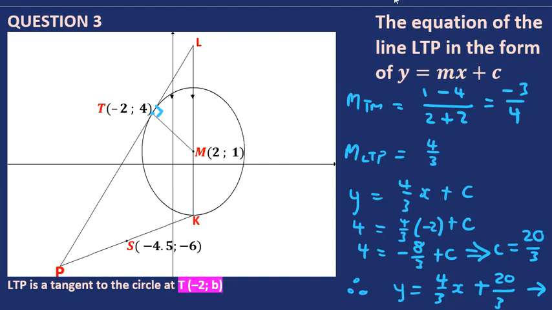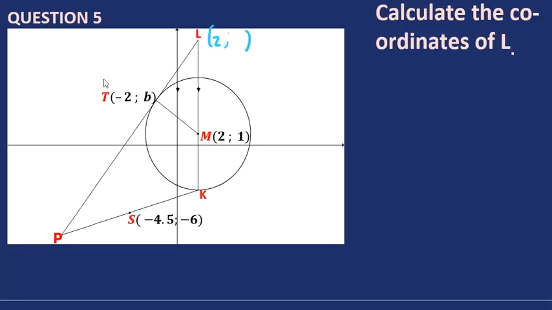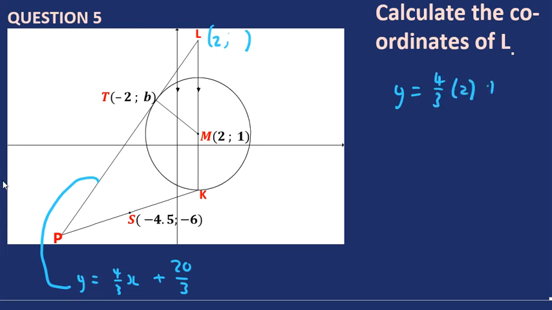So let's do that quickly. From question 3, we know that the equation of this line is 4 over 3x plus 20 over 3. All right, so to find the y value, we need to use that equation. So we can substitute the x value because we know that that is 2. So we have 4 over 3 and we just substitute 2.